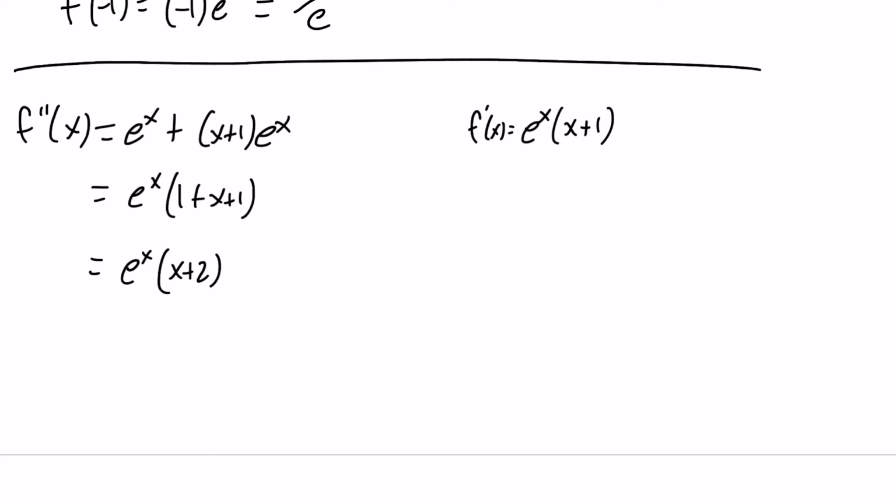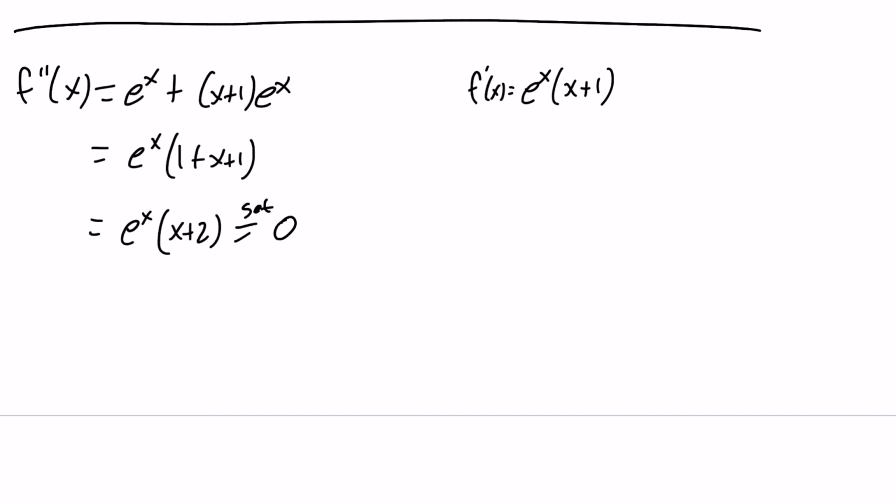And this is defined everywhere, so we can set this equal to 0 to find our possible points of inflection. And this only happens at x equals -2, because e to the x is never equal to 0. So this allows us to break the number line into two intervals, one from -infinity to -2, and one from -2 to infinity. We can pick points.